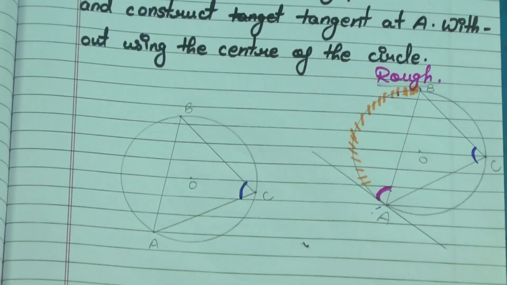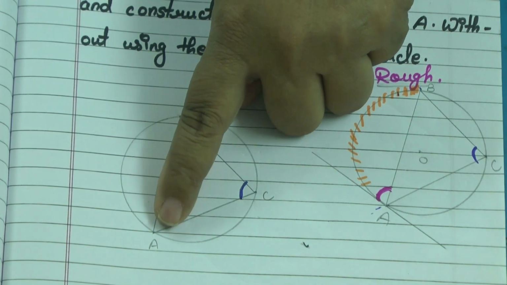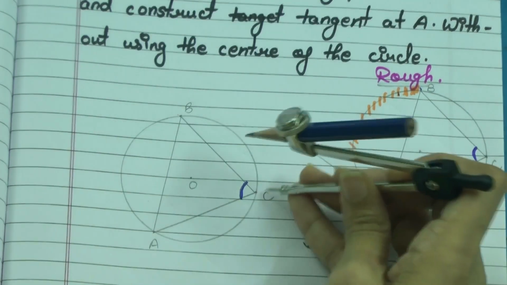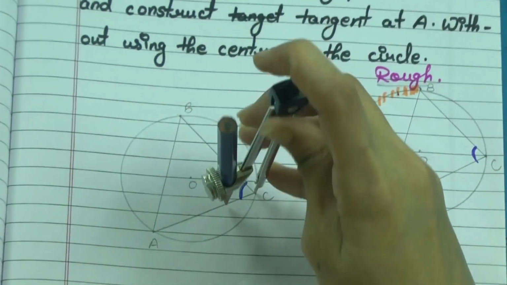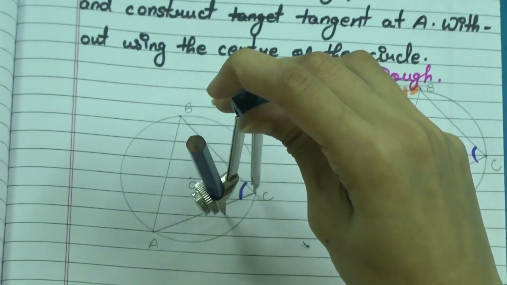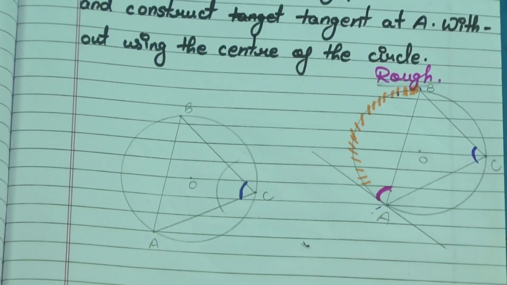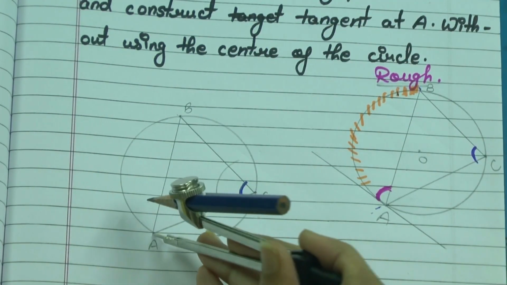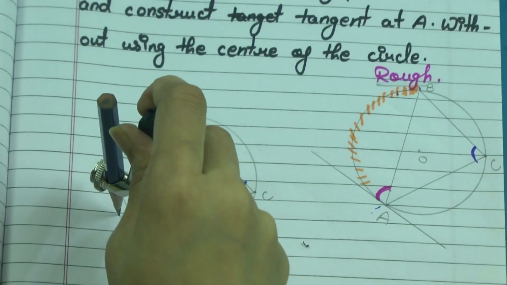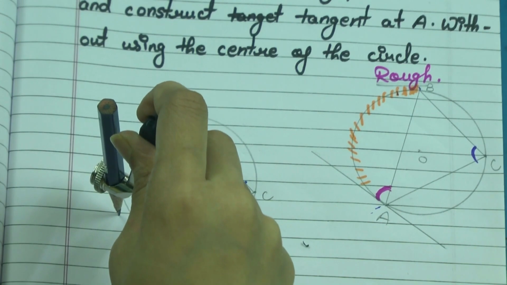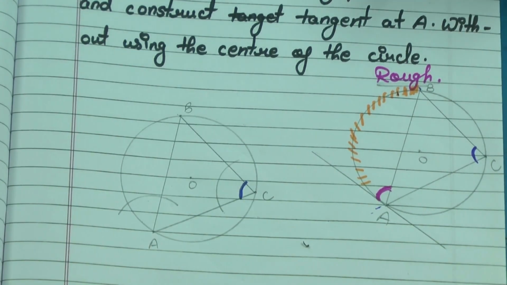Now equal to this, we will be constructing here angle at A. So for that, keep your pointer at C. Give the arc at angle C of desired length. Now keep the pointer at A and give an arc up to chord AB, wherever it is cutting the chord AB.